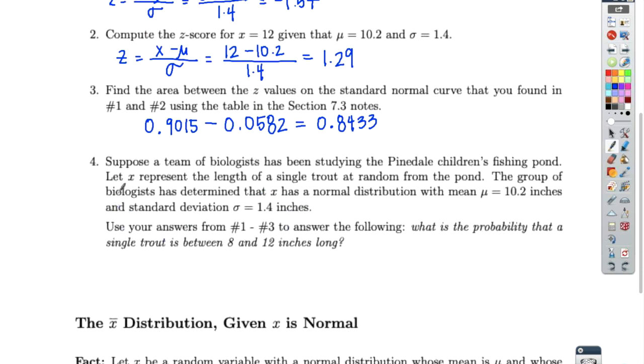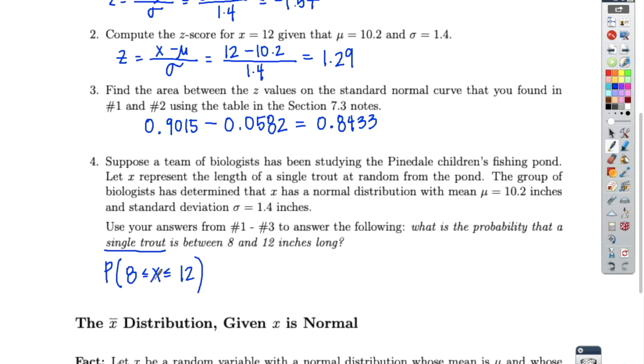So using our answers from problems 1 through 3 in the warm-up, we'll answer what is the probability that a single trout is between 8 and 12 inches long. In other words, what is the probability that x, because remember x represents the length of a single trout, is somewhere between 8 and 12 inches long. Well, this is a pretty normal setup for us now.